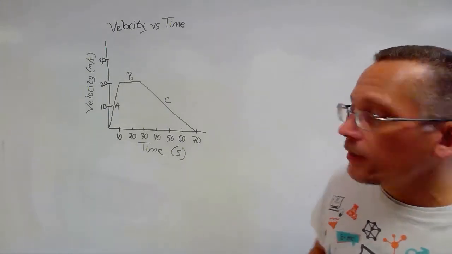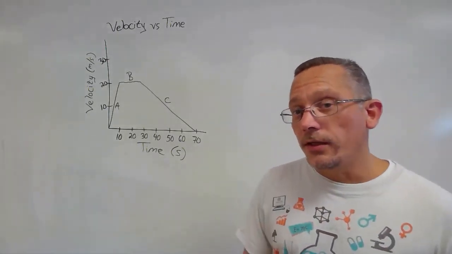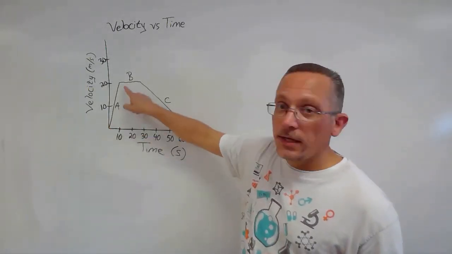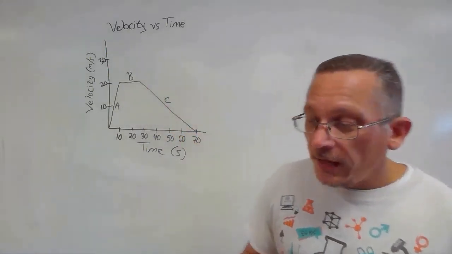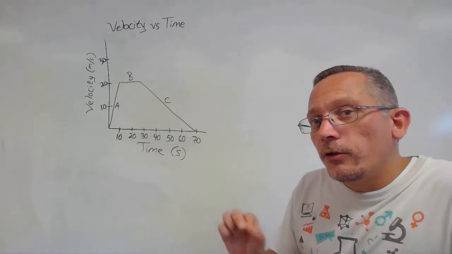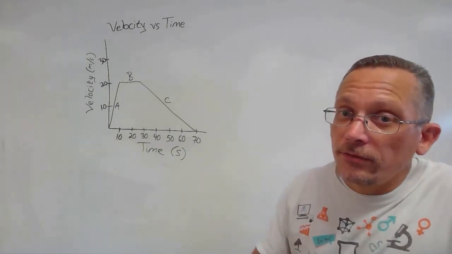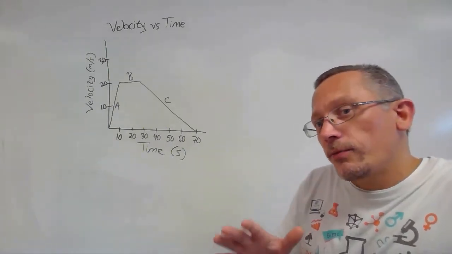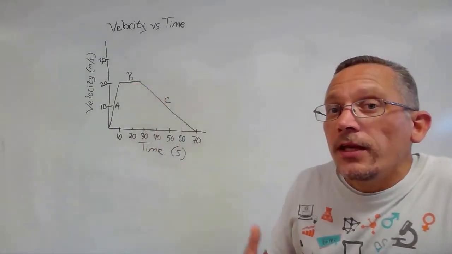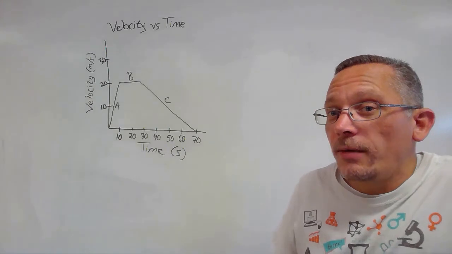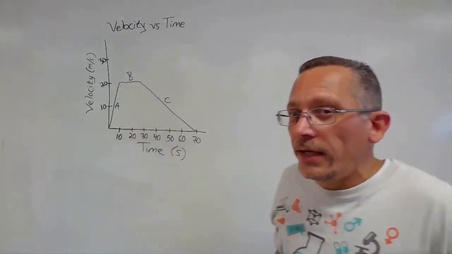If you take a look at my graph, I have three sections on here. I've labeled the first part A, the second part B, and the third part C. If we look at these, they mean something a little bit different than they did on the position versus time graphs. Let's start with maybe the most obvious one here, section B. If this was a position versus time graph, what would that flat line mean?